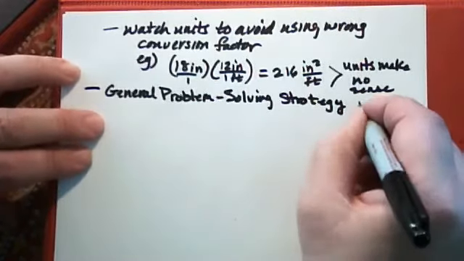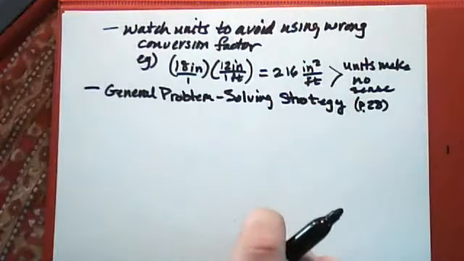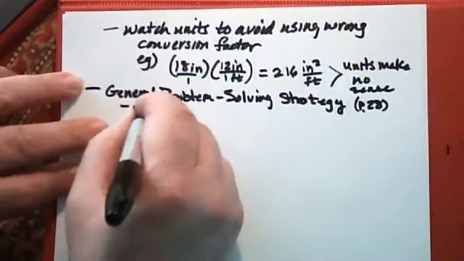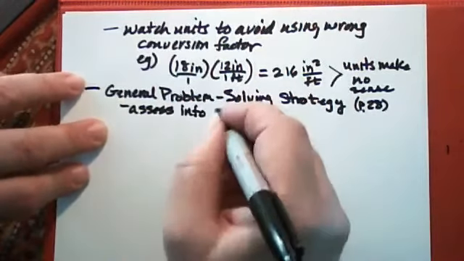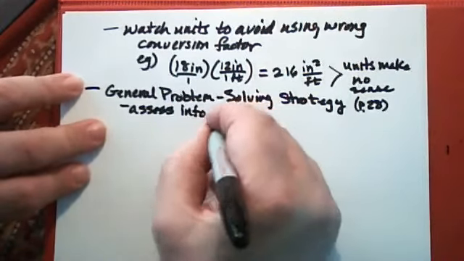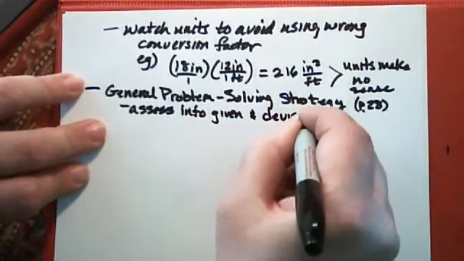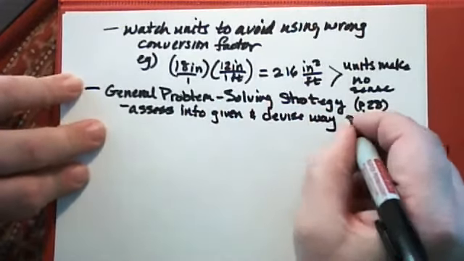You really need to read it in detail yourself to get the gist of it. But anyway, what you want to do is to assess the information given, and devise a way to get to the final destination.